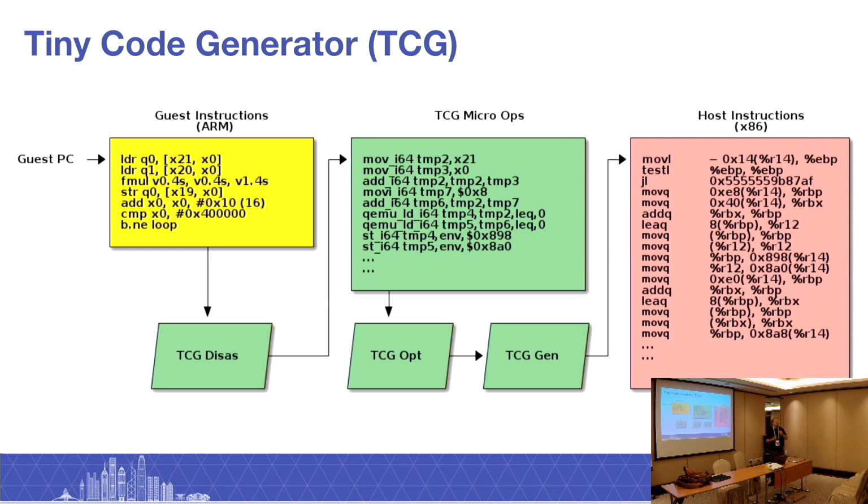TCG ops can be thought of as a sort of intermediate representation, much like what a compiler does when it's compiling source code, except the source code in TCG's case is assembler instructions. There is a simple optimization phase, and then we generate host code from those TCG operations. And we emit that into our translation buffer and then jump into it and start executing.